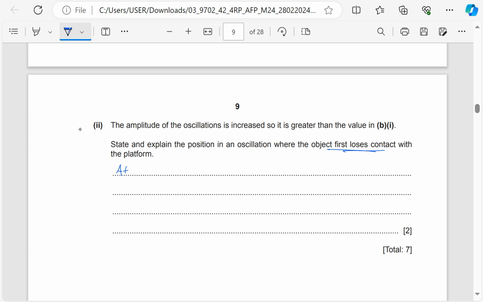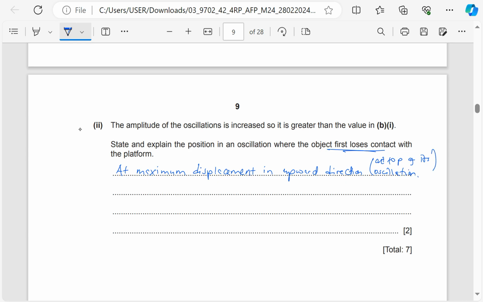So this is at maximum displacement in the upward direction. In other words, I'm saying at the top of its oscillation.